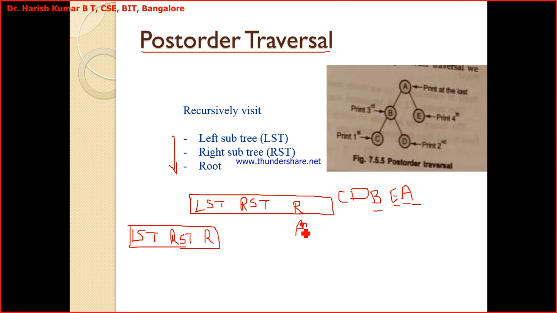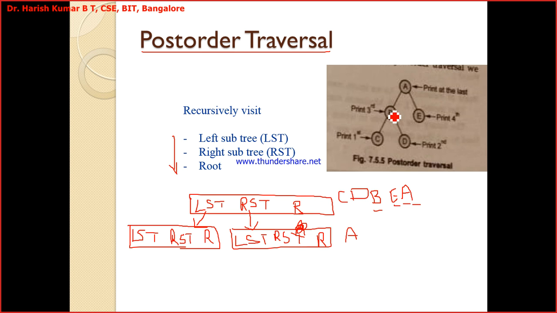So let me write a little to this side. A I'll write here. Since there is also a right subtree, again recursively, it is LST, RST, and then R. This is the expansion for this, and this is the expansion for this.